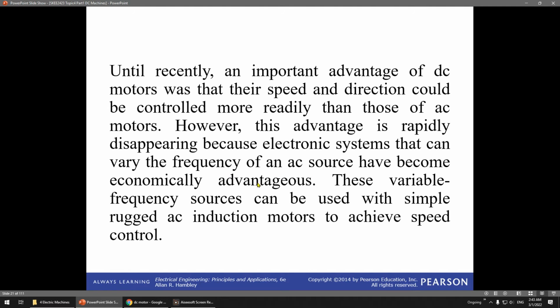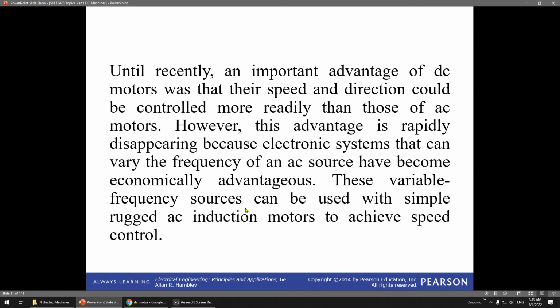Previously, if you wanted speed and direction control more easily, you used DC. But right now power electronics has advanced and can vary the frequency of an AC source easily. So you can have the DC motor advantages in an AC motor.